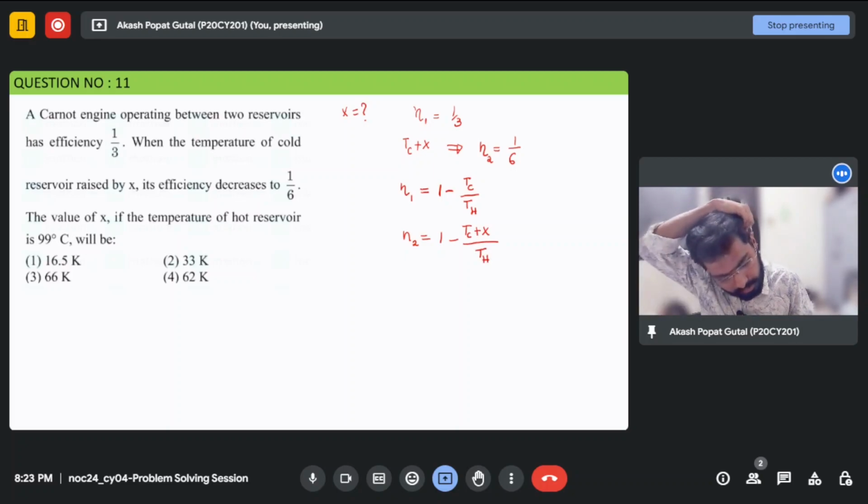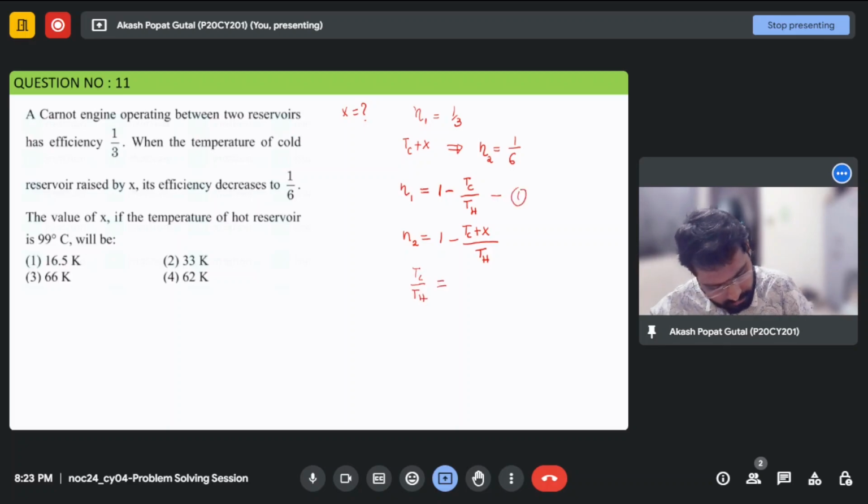let's calculate Tc by Th. We can easily get this. So Tc by Th, from the first equation, is 1 minus eta 1, which is nothing but 1 minus 1 by 3, which is 2 by 3.